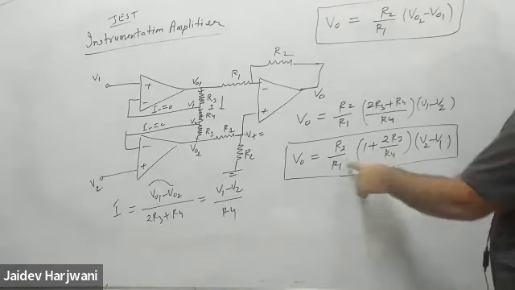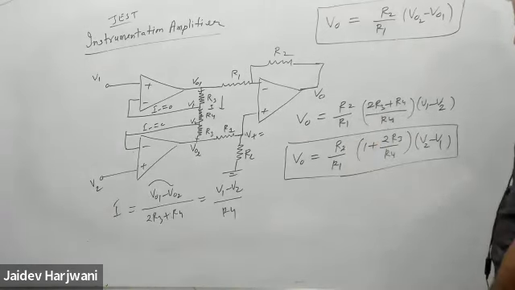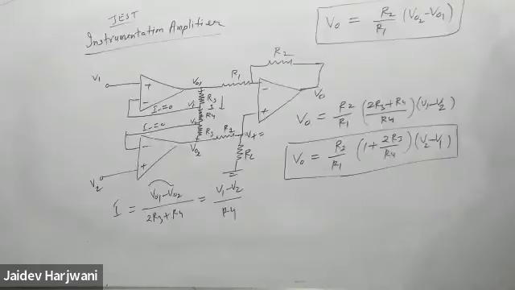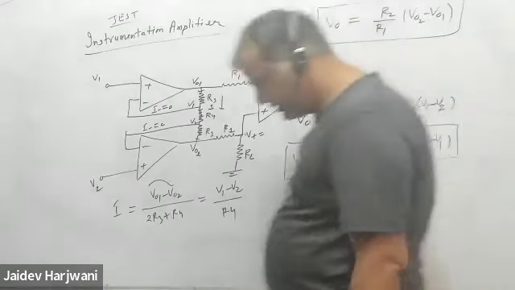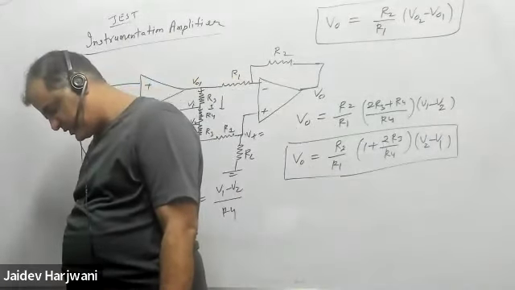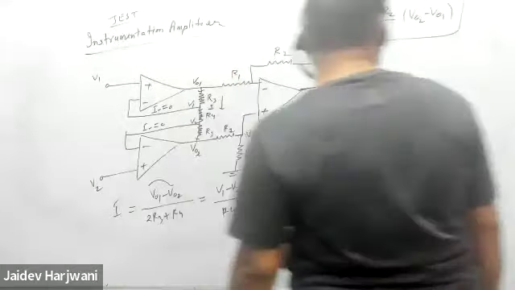If I put R1, R2, R3, R4, everything same, then what will come? Tell me. So this is the formula: 1 plus 2R3 by R4, R2 upon R1, V1 minus V2.